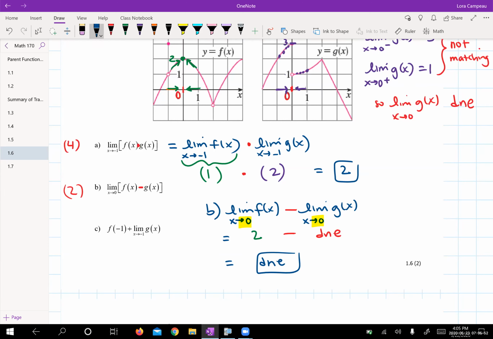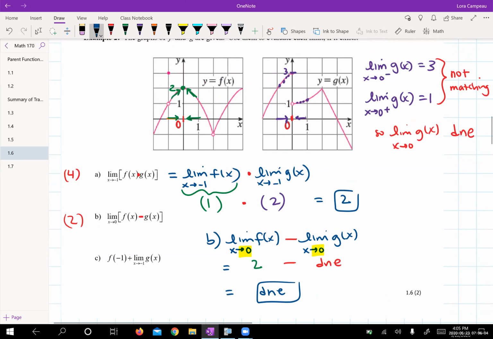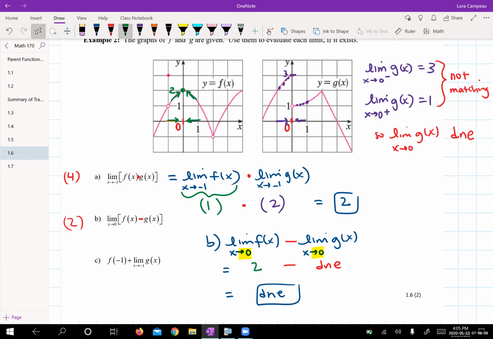With part C, sometimes they're not asking you to look at limits of everything. Sometimes they want you to look at the function notation itself. So if we were looking at f of -1, there's no limit involved. Let me erase some markings on the previous part, and let's just look at the function on the left.